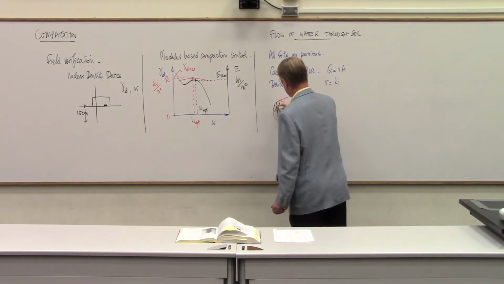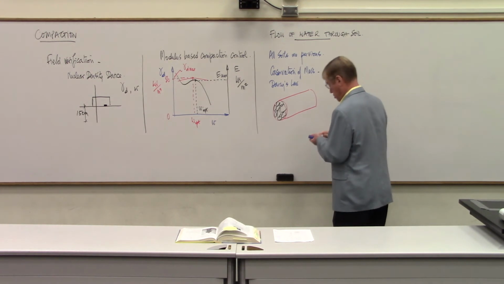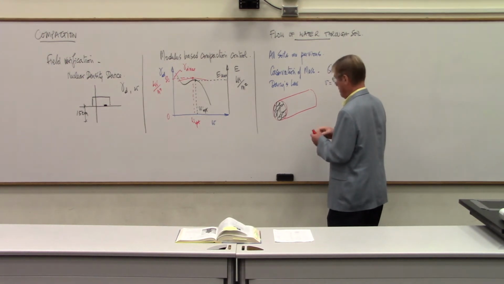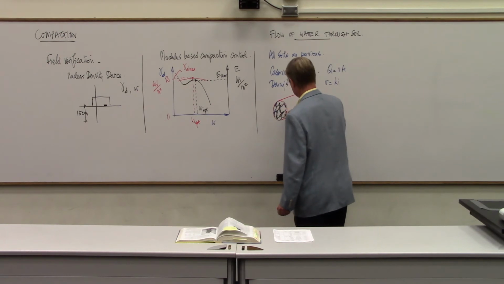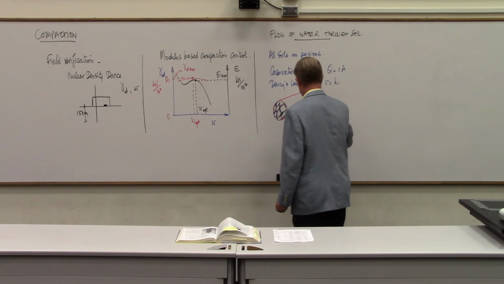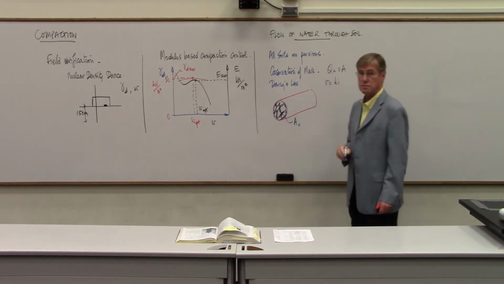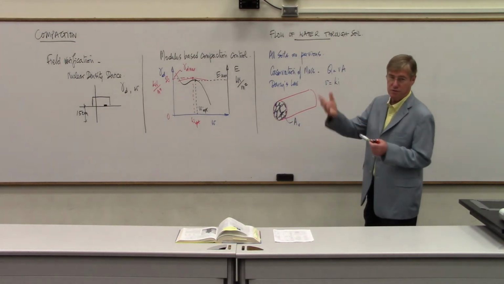And the total area is going to be, so first of all, I have the area of the voids, right? And the water can only go through the voids. It cannot go through the particles. So the blue one here, we'll call this A voids. And we've seen volume of voids and all that stuff.